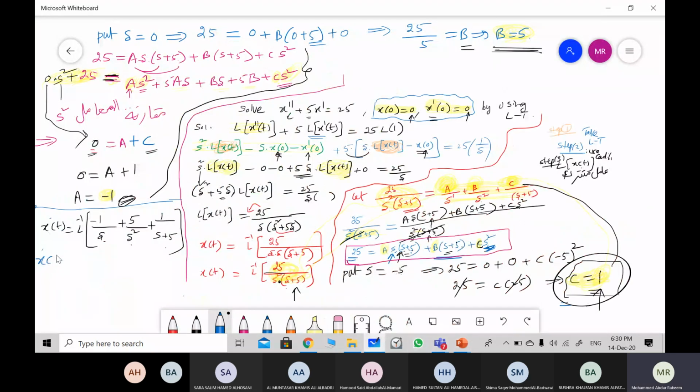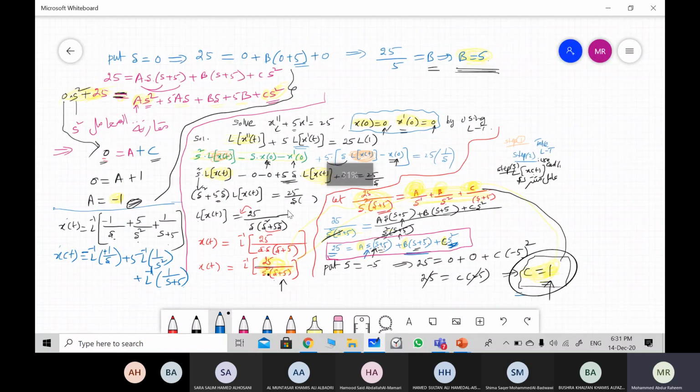Now x of t equals L inverse of 1 over s, with the minus outside, plus 5 outside as a constant times L inverse of 1 over s squared plus L inverse of 1 over s plus 5. What is the next step?